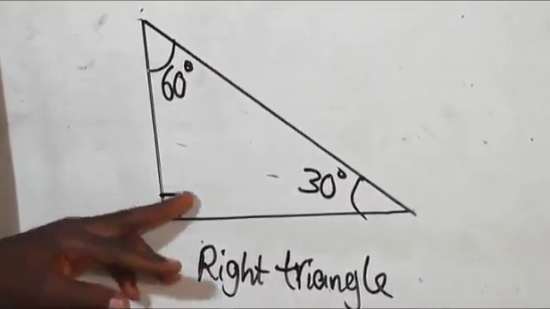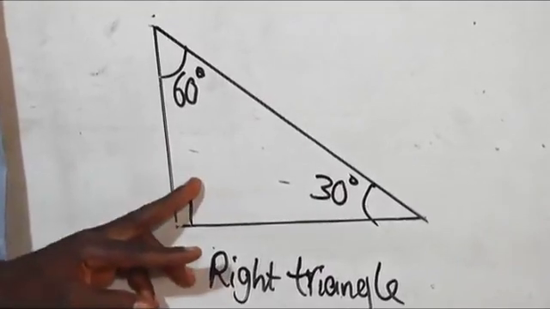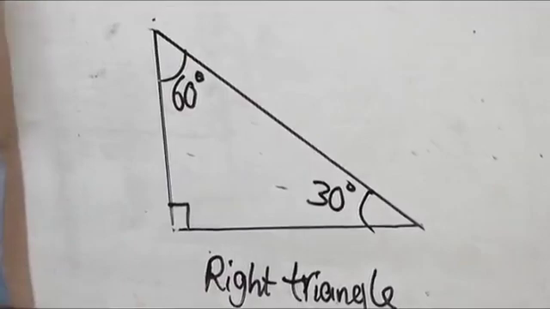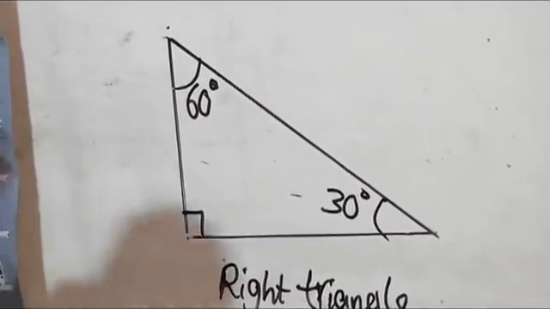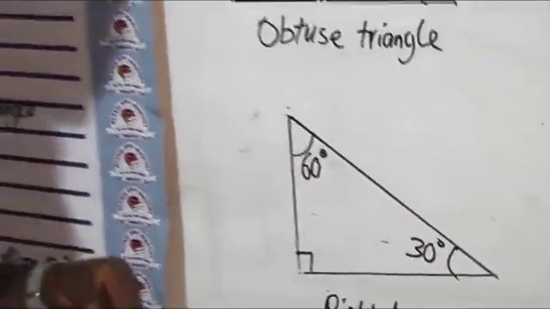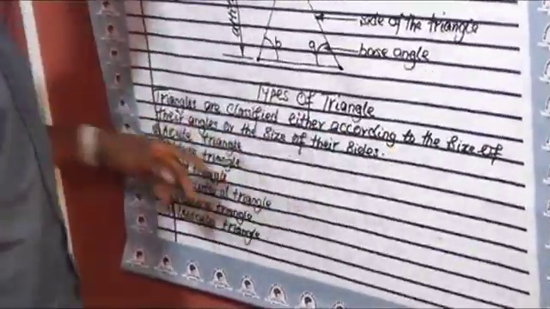So whenever you see a symbol like this on any plane shape, you should know that that angle is exactly what? 90 degrees. So a right angle triangle is that triangle that has one of its angles as what? 90 degrees.